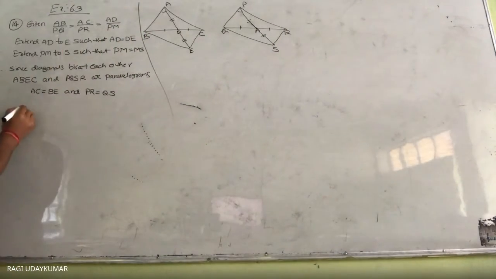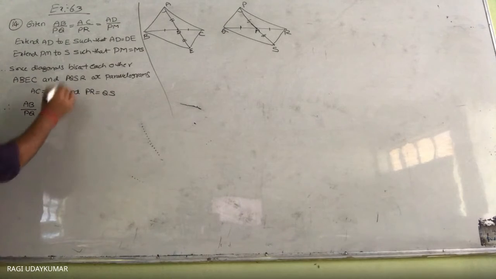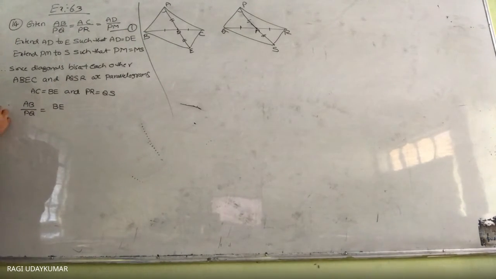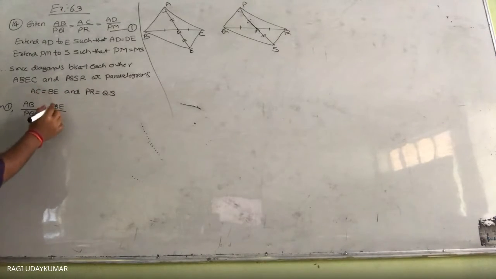Now from here, therefore, AB by PQ is equal to, in place of AC, writing DE, and in place of PR, writing QS.